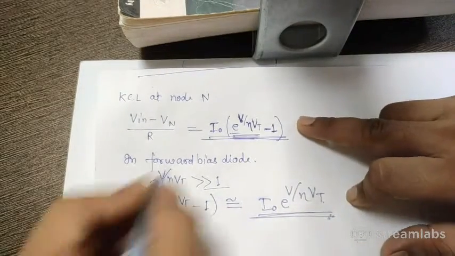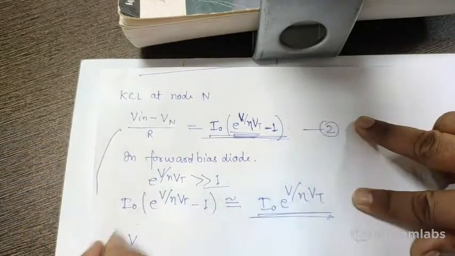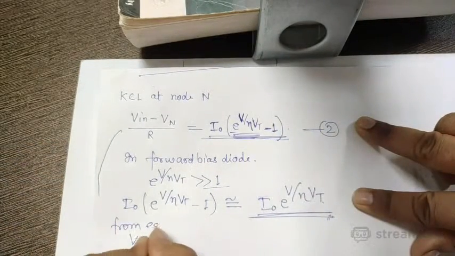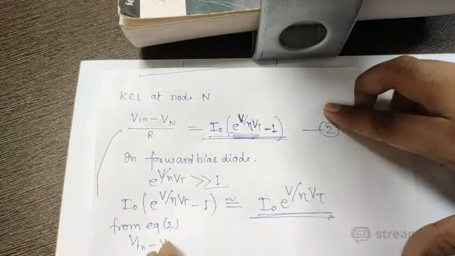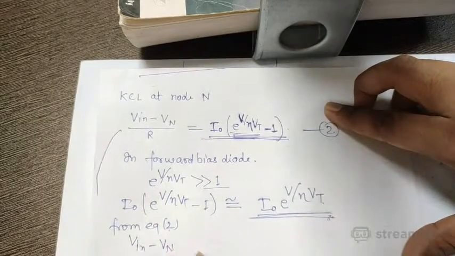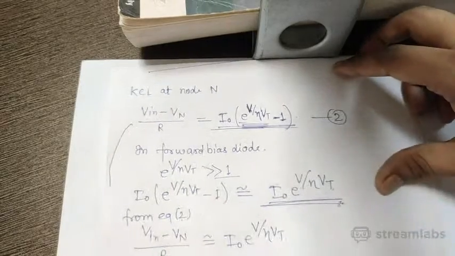So now from equation number 2, what I can say is (Vin minus Vn) upon R is approximately equal to I naught e to the power V upon eta Vt. Good.